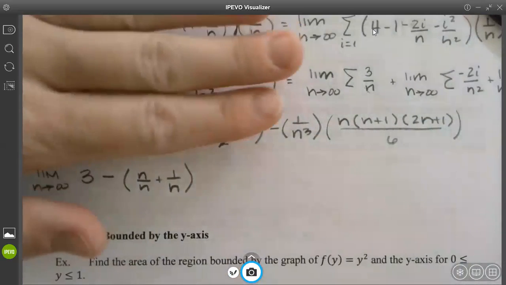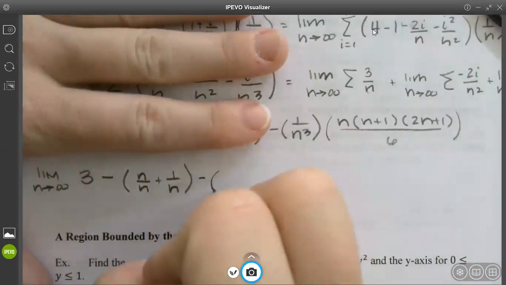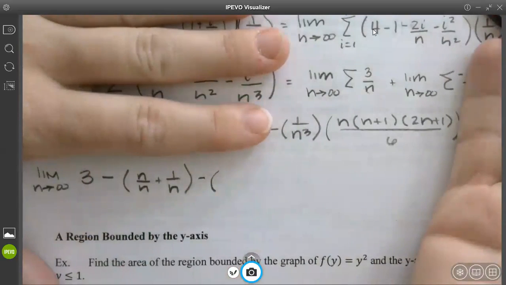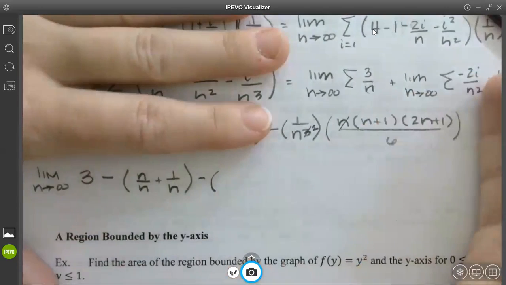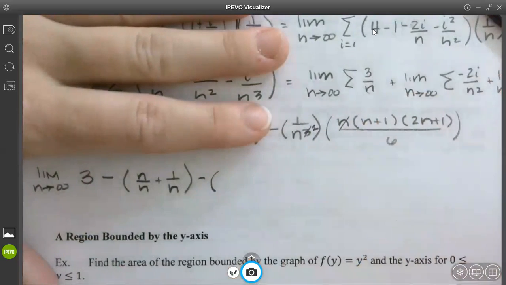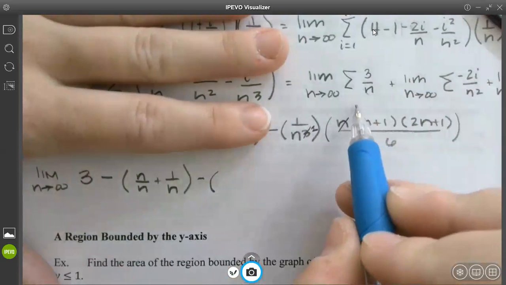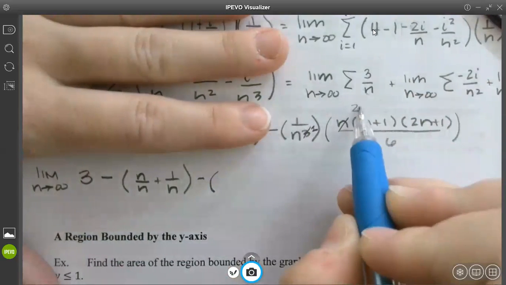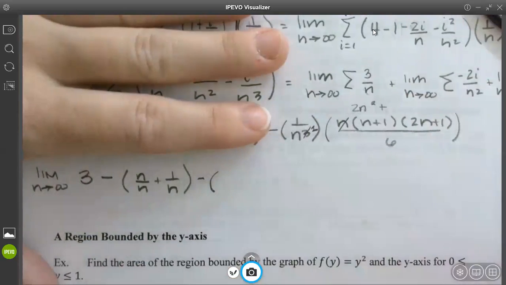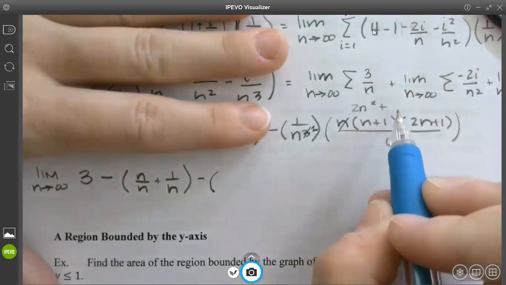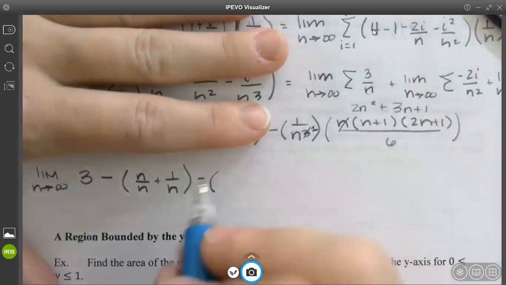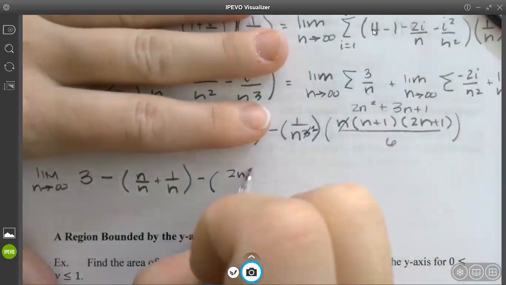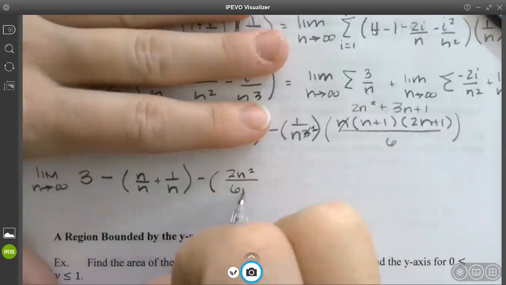All right, so let's look at our third term. It's going to be minus. Yeah, we can cancel out one of them. What's it give you on the top? When we multiply these, 2n squared. Perfect. So then what I'm going to have split up is 2n squared over 6n squared.